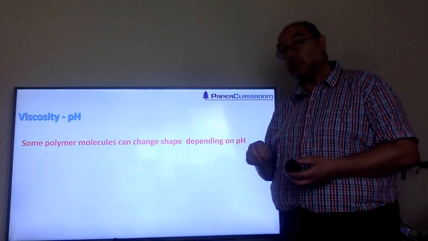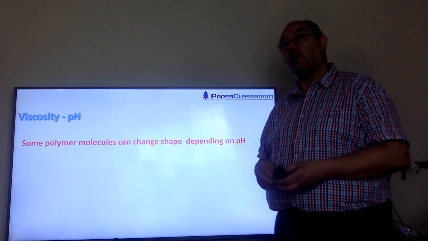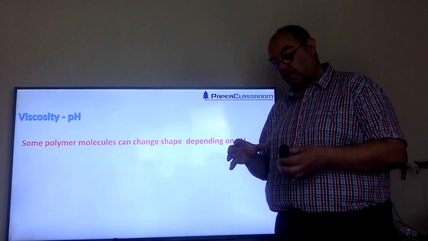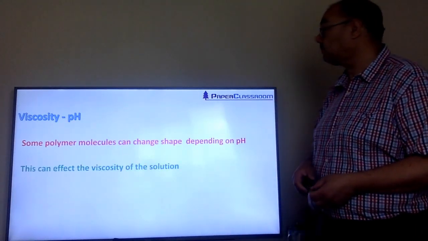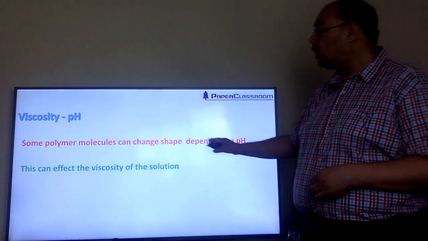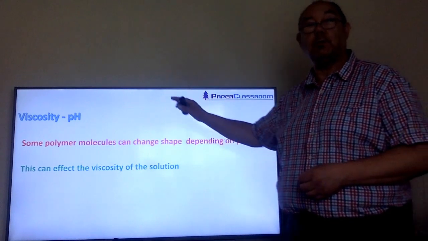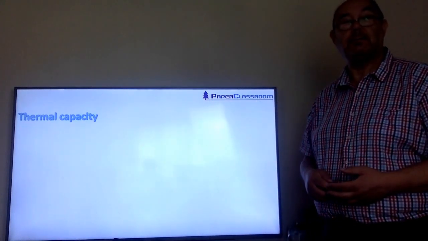If you put some salt into that shampoo and give it a bit of a shake up, as the salt dissolves, it will change the ionic strength and the viscosity of the shampoo will increase. So, changing the shape of molecules can affect the viscosity. That could be done with pH, it might also be done with ionic strength.